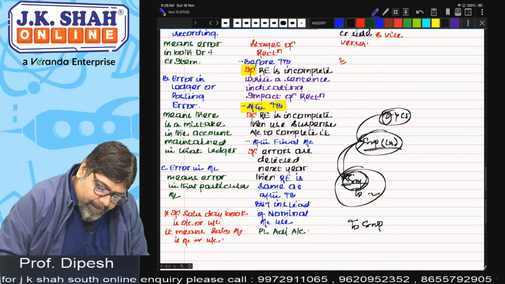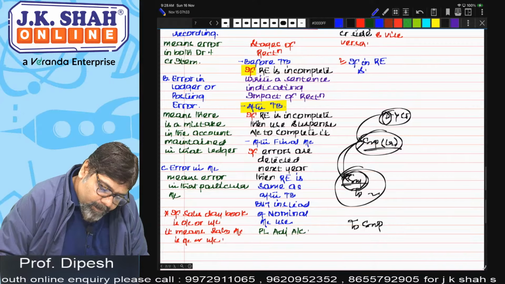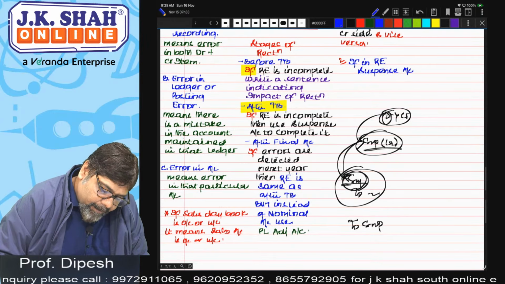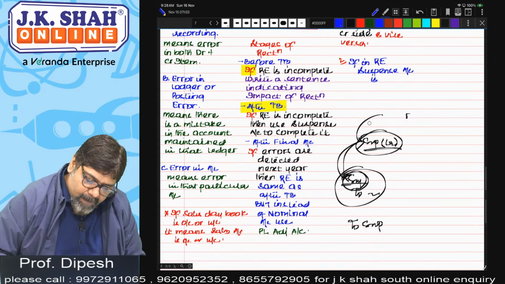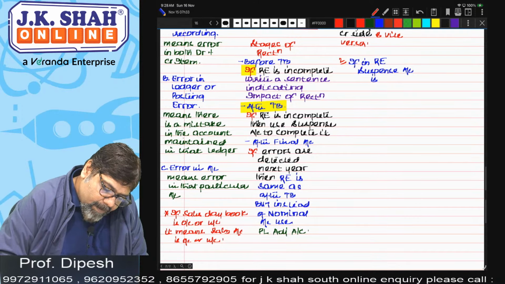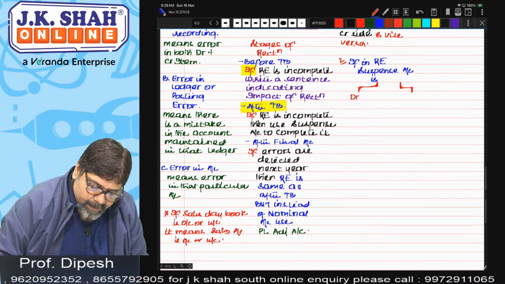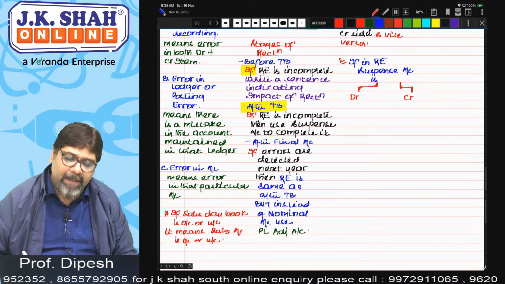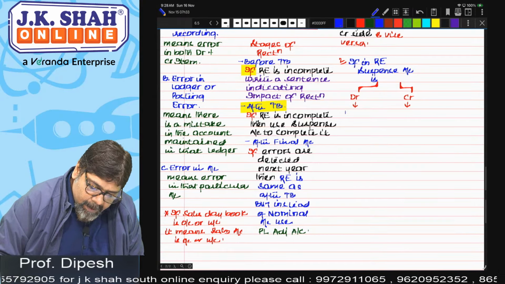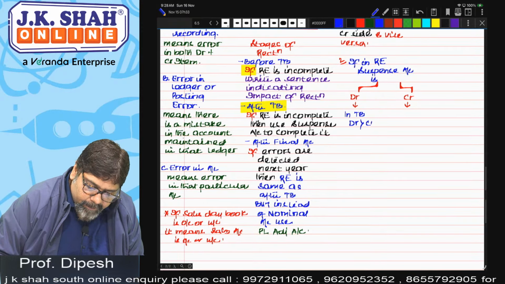That means if in rectified entry suspense account is debited, it means in trial balance debit is greater than credit.